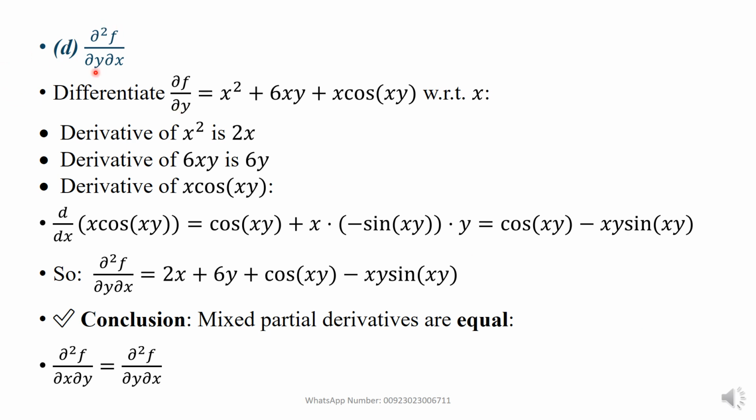Partial squared f upon partial y partial x. Differentiate partial f upon partial y, x squared plus 6xy plus x cos xy, with respect to x.